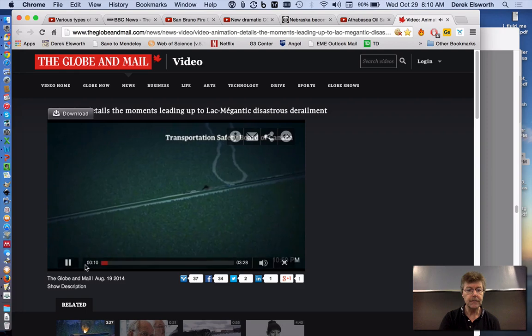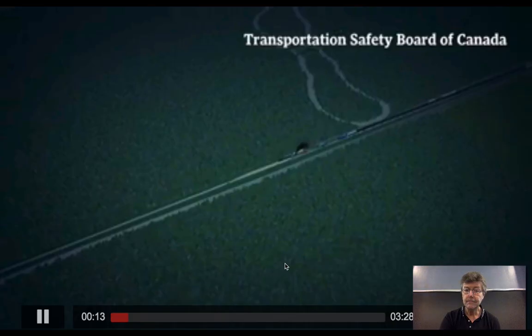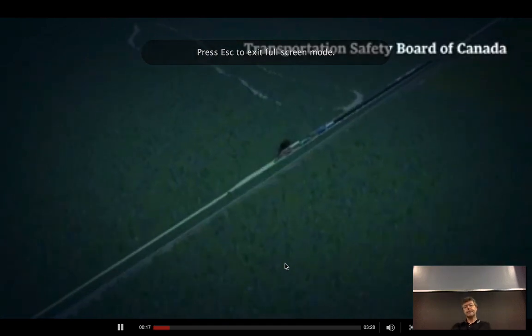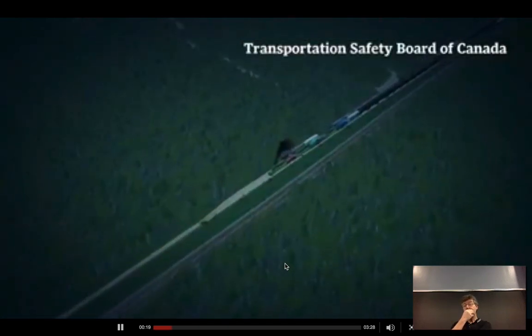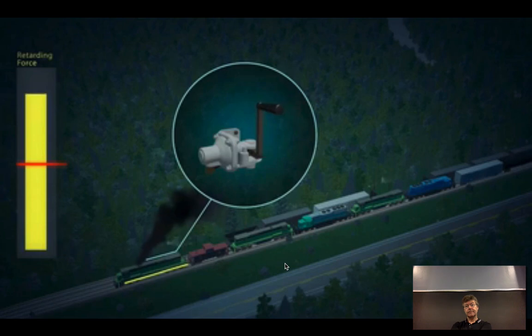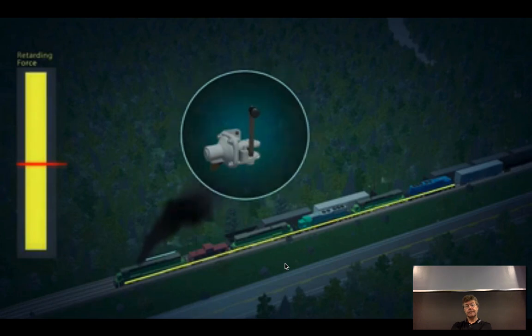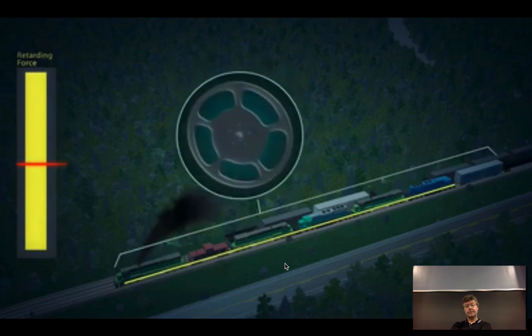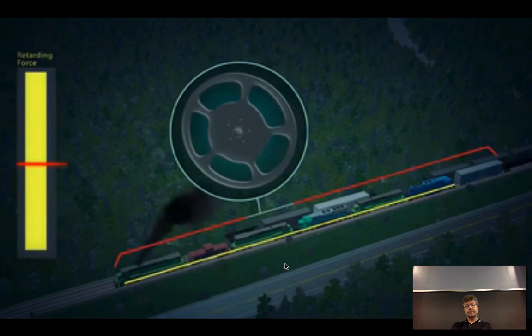July 5th, 2013, at about 10:50 p.m., an MMA train carrying petroleum crude oil in 72 Class 111 tank cars arrived at Nantes, Quebec. In keeping with the railway's practice, the locomotive engineer parked the train for the night on a descending grade on the main track. After shutting down 4 of the 5 locomotives, the engineer applied 7 handbrakes.